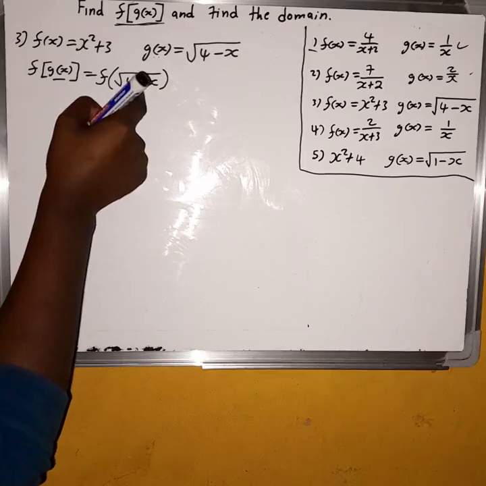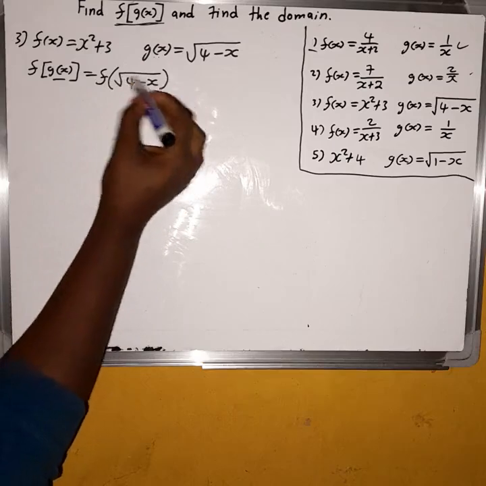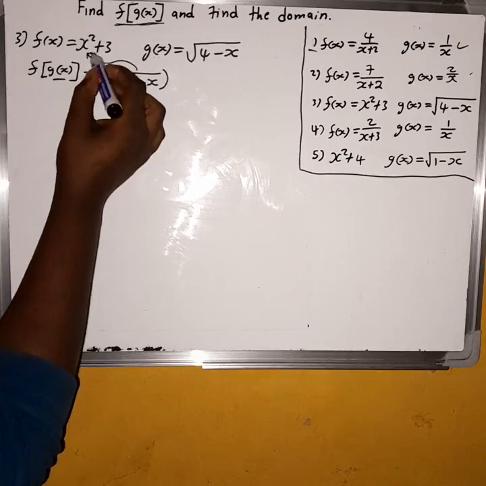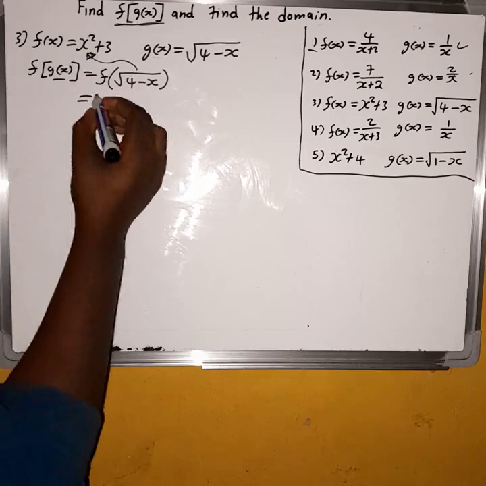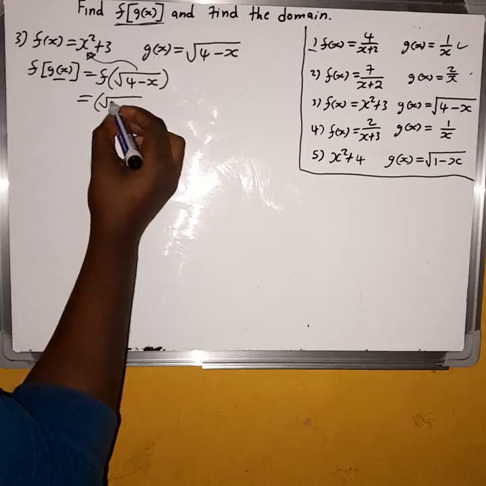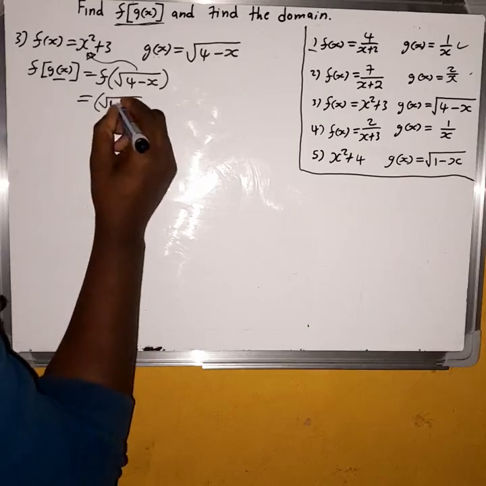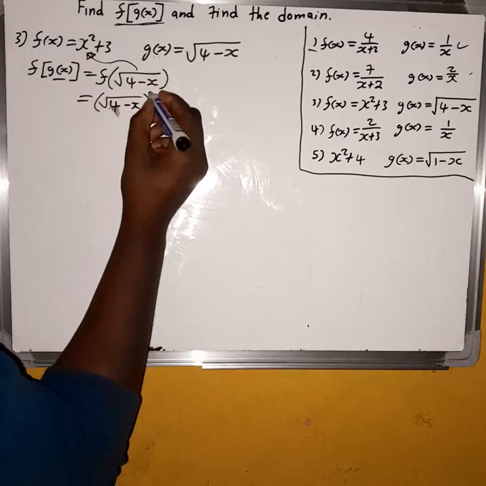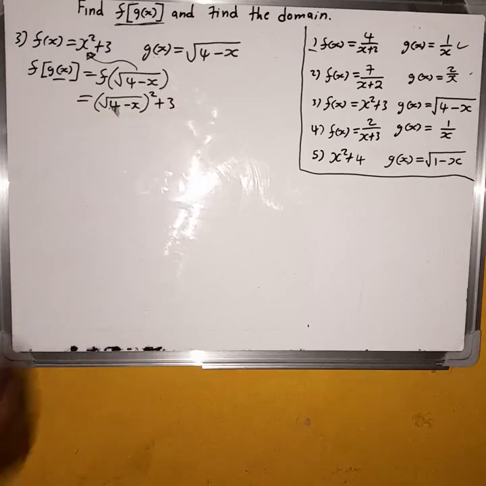f of x into the square root of 4 minus x. Substitute that into x, then that will be equal to the square root of 4 minus x, then you square that, plus 3.